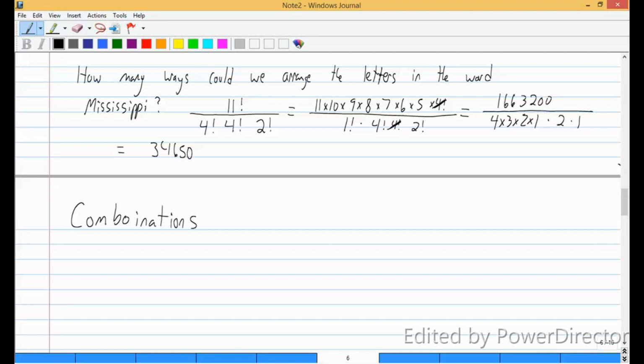That was a permutation, like those racers, those sprinters. But what if order doesn't matter? So combinations is a type of counting problem where order does not matter.